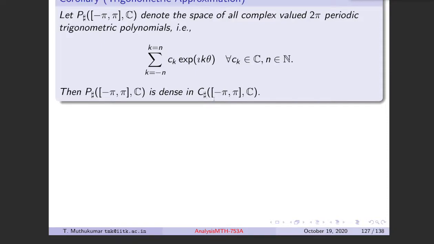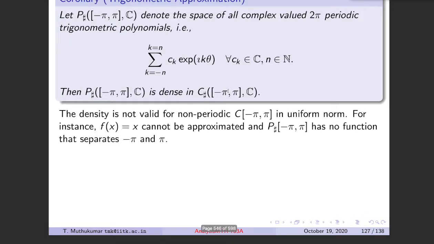This notation means all continuous functions from -π to π which are complex valued and periodic, the period being 2π. So the trigonometric polynomials, which are complex valued, are dense in the complex valued continuous functions which are 2π periodic. This is a very simple corollary of the Stone-Weierstrass theorem, complex version, that we proved.